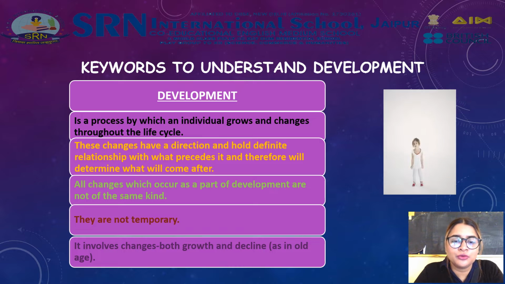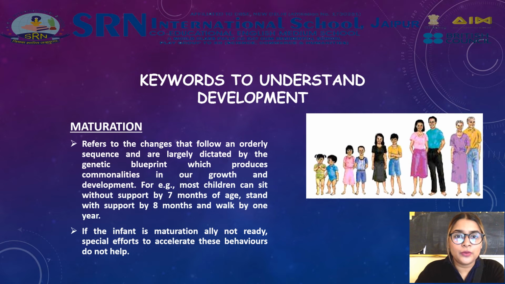Now we are going to move to the third keyword to understand development. Now we are going to talk about the third keyword, which is maturation. Now this refers to the changes that follow an orderly sequence and are largely dictated by the genetic blueprint, which produces commonalities in our growth and development.